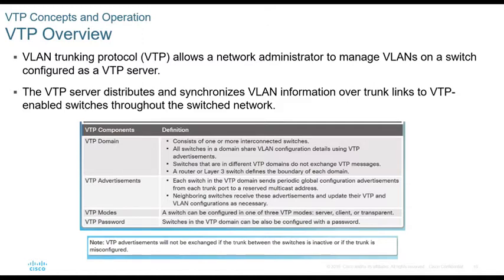Using VTP, a network administrator can manage VLANs on a switch as long as it is configured as what we call a VTP server. So for example, amongst those 3 switches, you're going to configure 1 switch as your server, and the 2 remaining switches will just copy whatever VLAN is configured on that server.